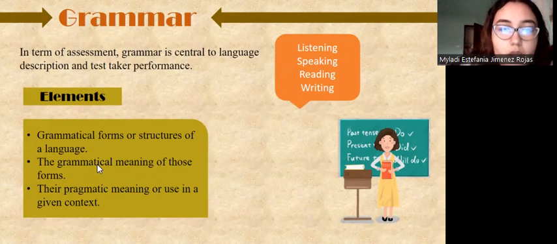And second, the grammatical meaning of those forms. Grammatical meaning consists of both the literal and implied meanings conveyed by the forms. And finally, pragmatic or implicit meaning results from the appropriate language choice that learners make in given communicative events.